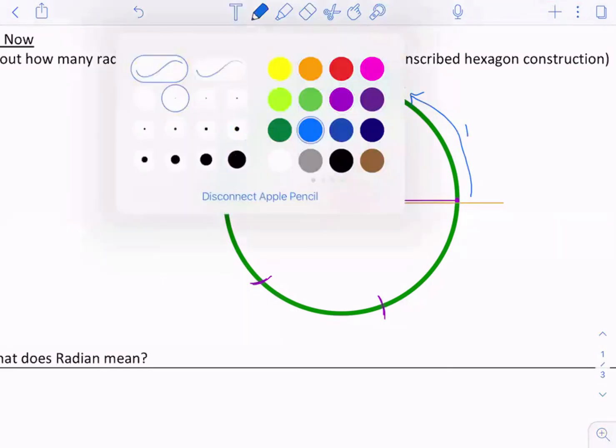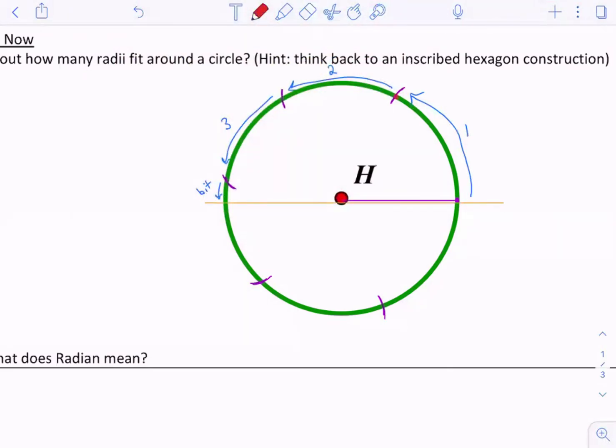Now if I want to relate this to a radian measure, I can discuss the angle formed where this first radius stops. So this angle right here is 1 radian because it's 1 radius worth of openness.